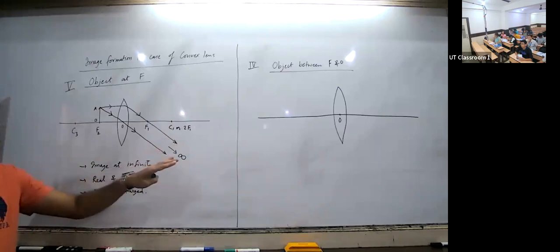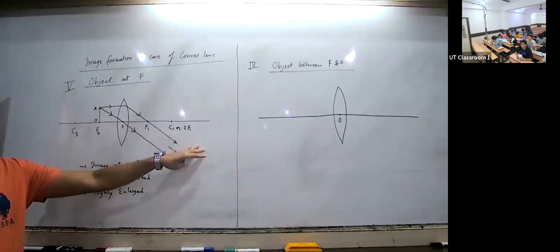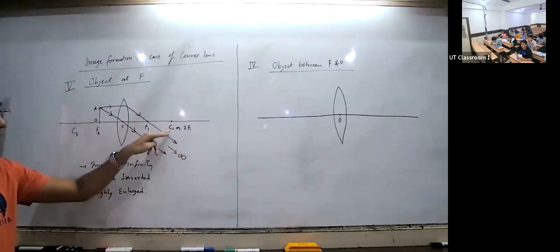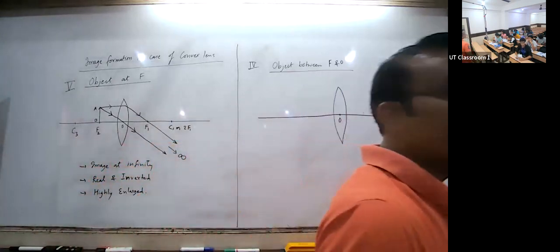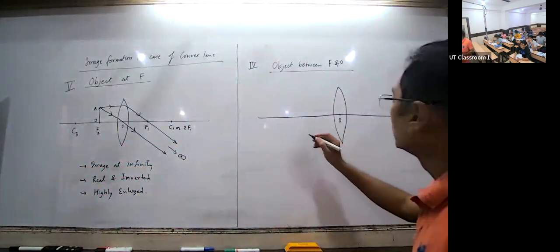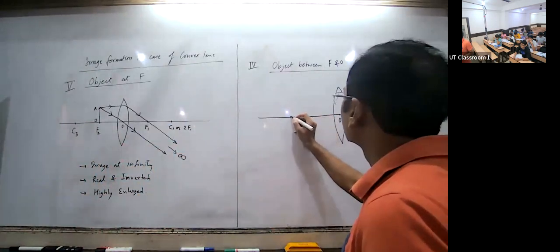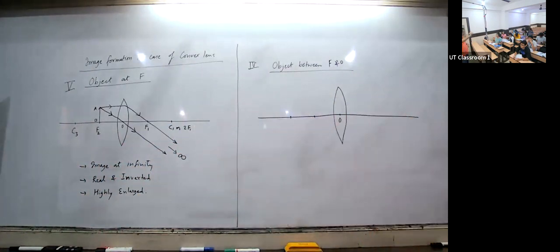Okay. So don't get confused. In your book, it might be given C1, 2F1. So accordingly, if you write the number, you actually know what is the position. It is behind the lens. So see for yourself, like how you want to do. What about this? I suggest you mention 1, 2. Okay.